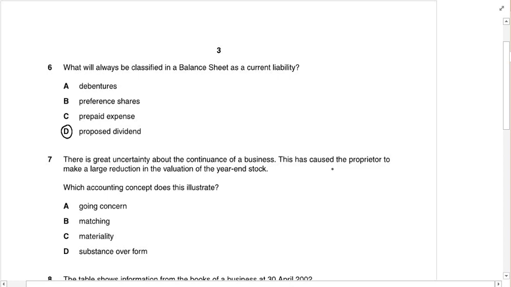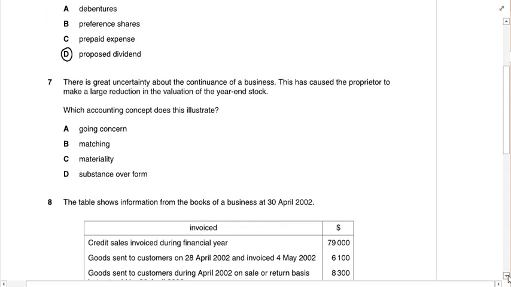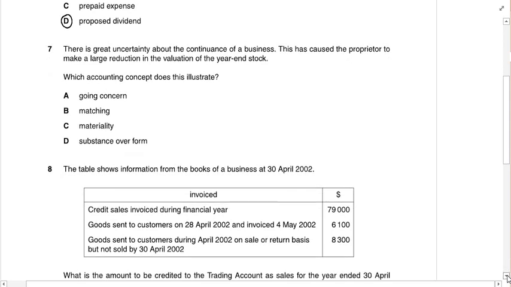But at the time when this paper was set, it was correct to treat proposed dividend as a current liability, so it is the correct answer according to this question. But if it comes in recent times, we know that it is supposed to be disclosed as a note and not recognized in the financial statements. Right, then next to that, there is great uncertainty about the continuance of a business.